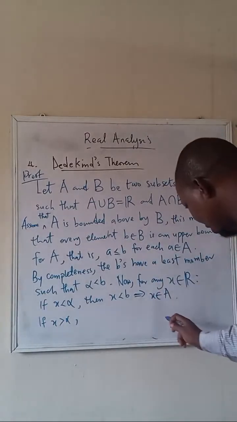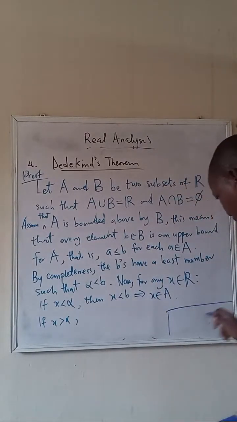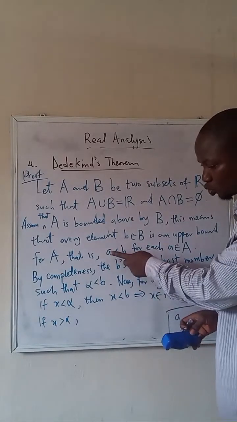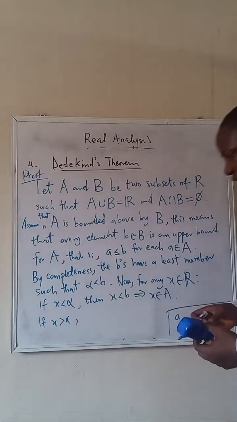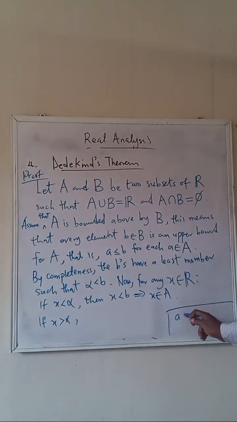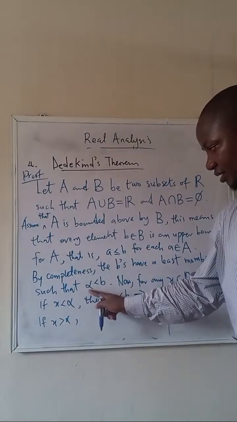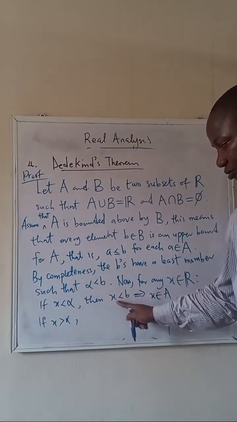Let me put that in a box here. I want to relate A and alpha together. A and alpha are like this, and this alpha is less than or equal to b. What I'm now saying is, if x is less than alpha, then x will be less than b.